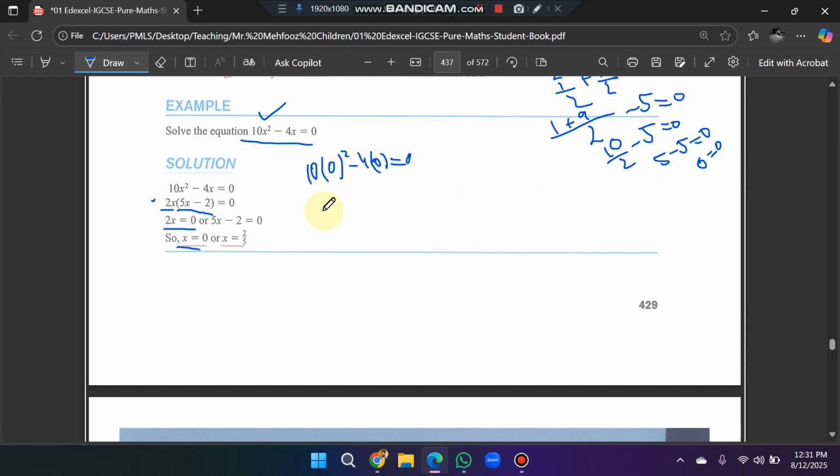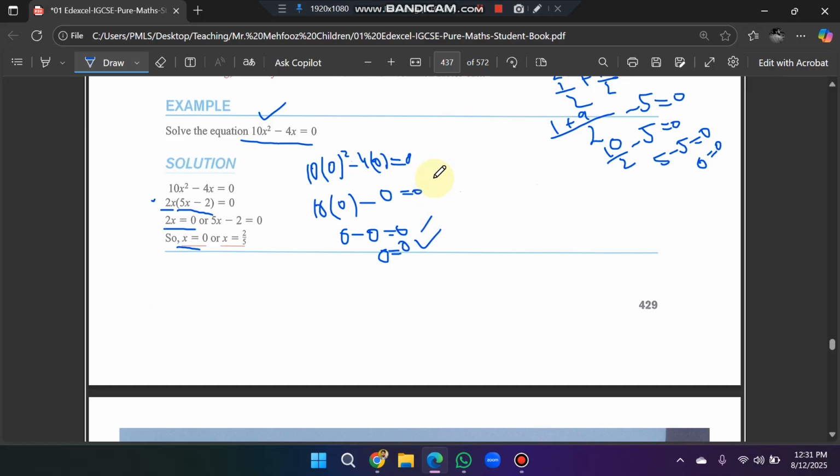So you can see that 10 times 0 square is 0, minus 4 multiplied by 0 is equals to 0, and 10 multiplied by 0 is equals to 0. 0 minus 0 is equals to 0. So left hand side and right hand side are equal. That's why this is the solution of the given equation.